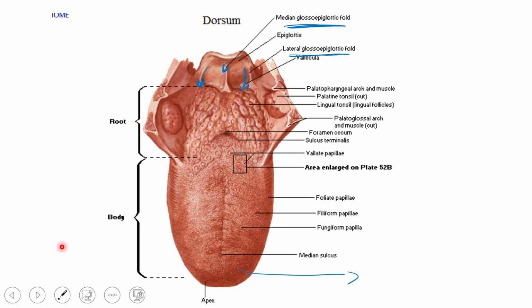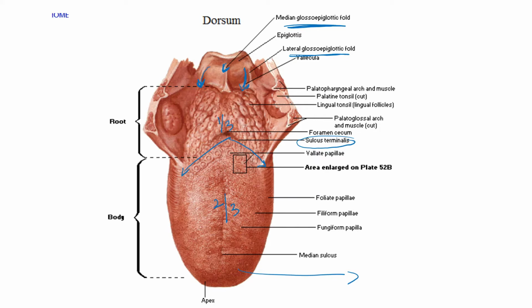This sulcus terminalis divides the entire dorsum of the tongue into the anterior 2/3 and the posterior 1/3 of the tongue, both of which are divided by the V-shaped sulcus called the sulcus terminalis.